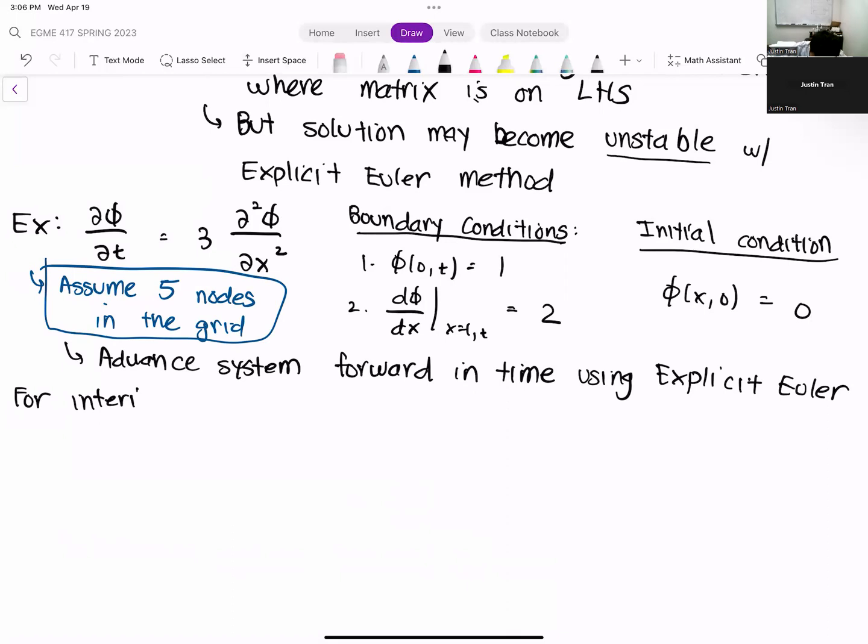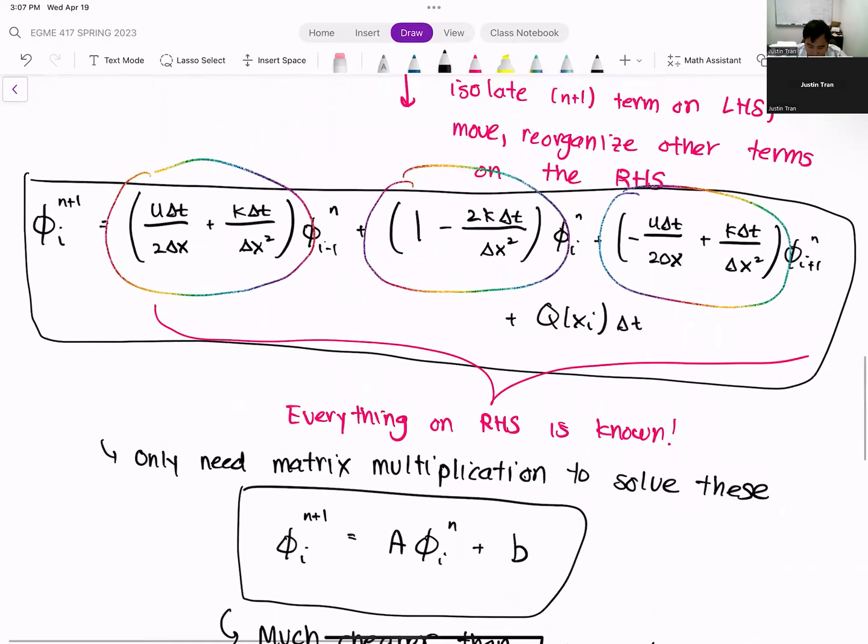So for interior nodes, apply our equation above. By equation above, I mean this equation up here.